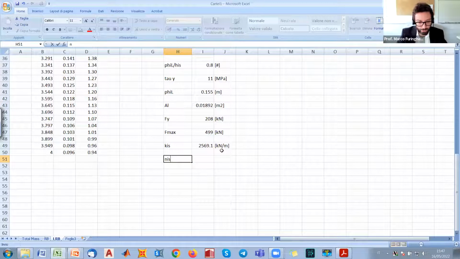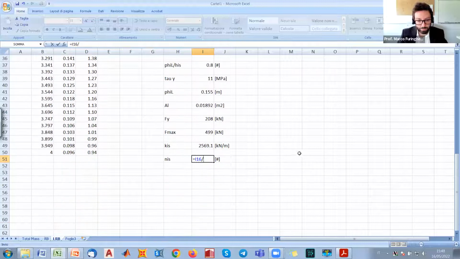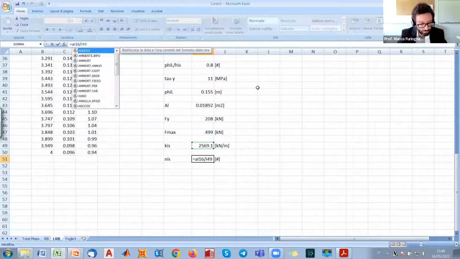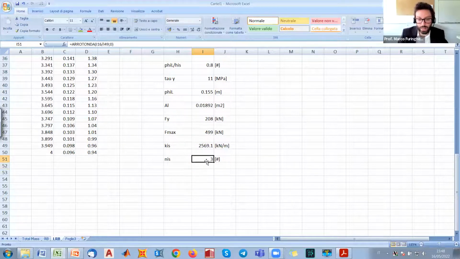Then the number of isolation devices is equal to the ratio between the capital K divided by the single K, the stiffness of the single device. Okay, and then we can round, with no digits. You see 3 isolators.